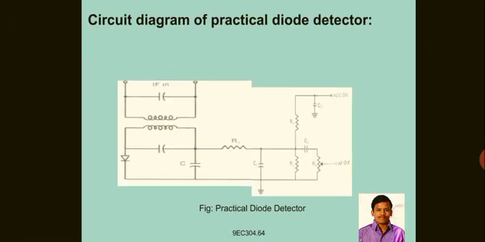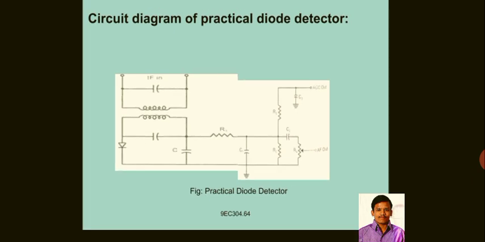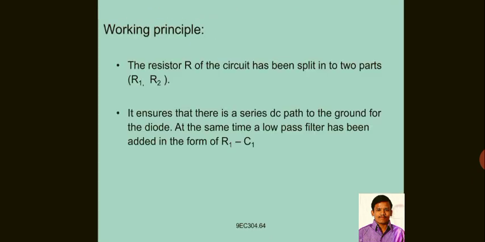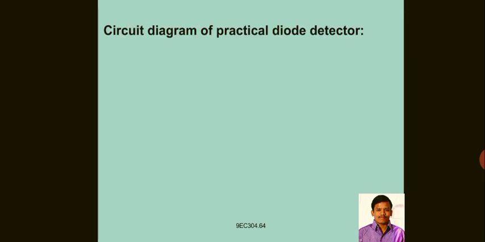So this is R1 and this will be R2. It ensures that there is no series DC path to the ground for the diode. At the same time, a low pass filter will be added in the form of R1 and C1.